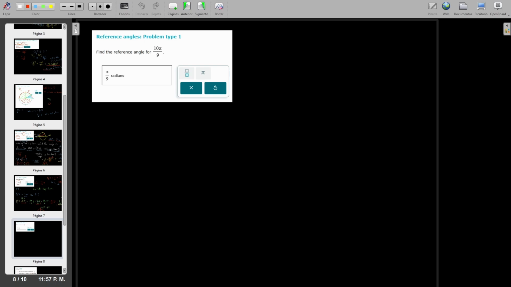Another reference angle. I'm going to be solving this a little faster, so you know how to solve this. We need to do 10 over 9 pi. Is it bigger than 1 pi? I'm going to write this: 1 pi will be 9 over 9 pi.